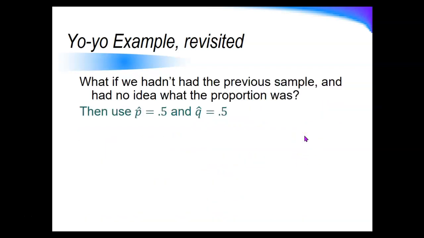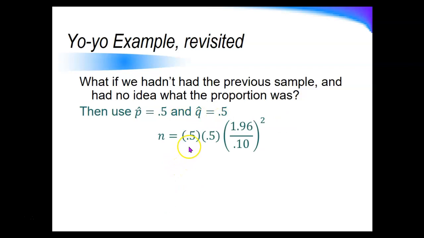Now, what if we had no idea what the proportion was? We hadn't already done that previous survey. We had no data whatsoever, no idea going in what the percentage was. Then we use the formula, but we put in 0.5 for p hat and 0.5 for q hat.